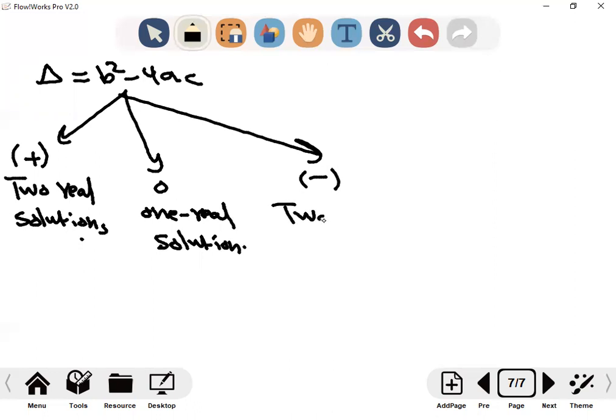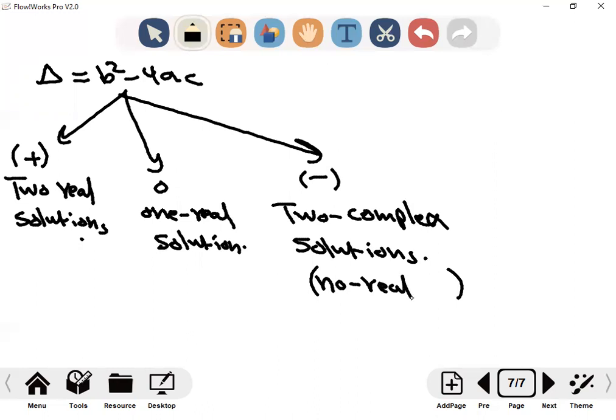Two complex solutions means no real solutions. Okay?